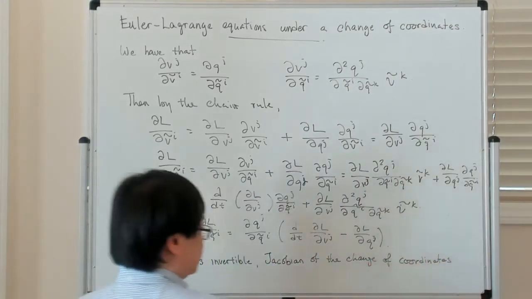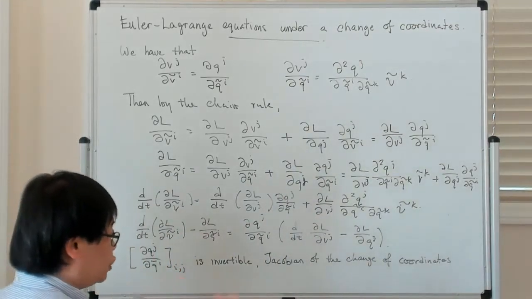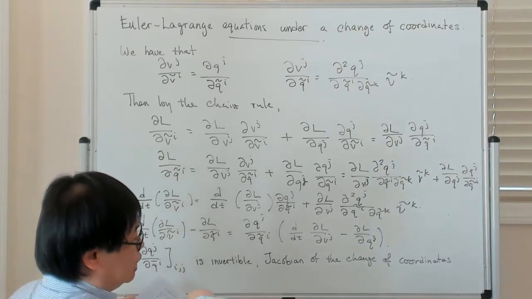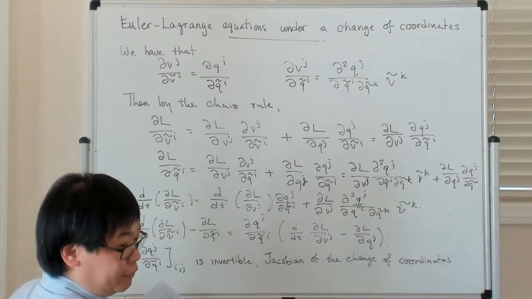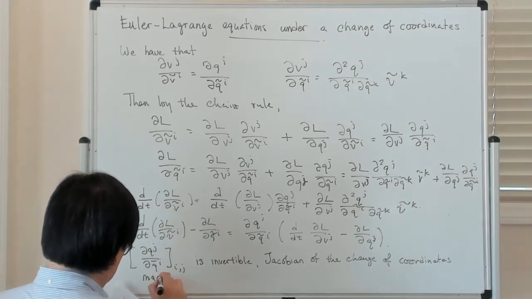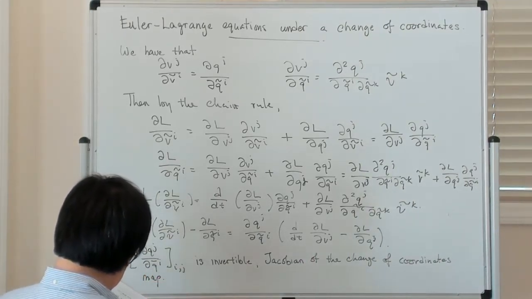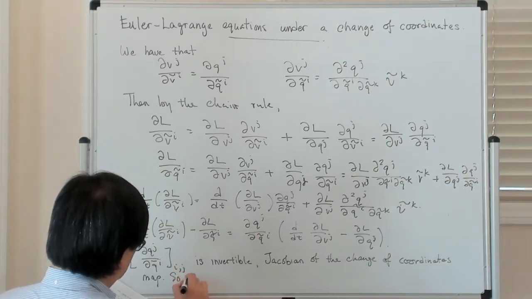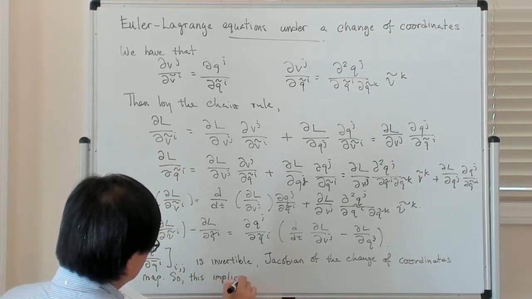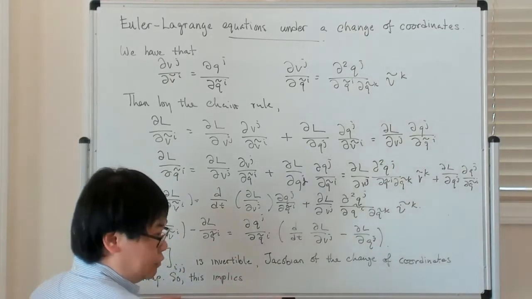And by the assumptions for a chart, it has to be invertible because more or less it's the composition of the inverse coordinate chart with another coordinate chart. Okay, so this implies the equivalence of the Euler-Lagrange equations in the two coordinate charts.